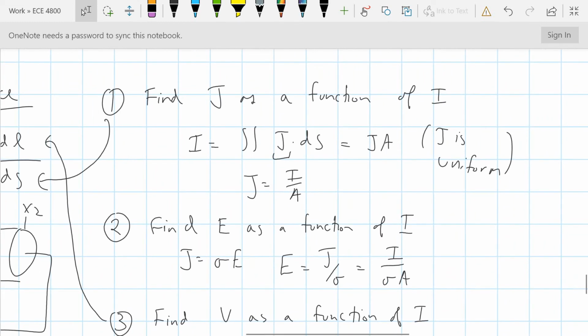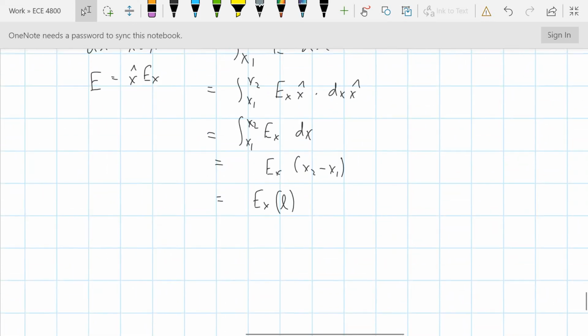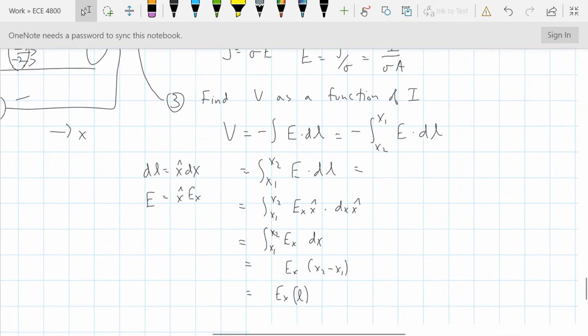So in this case, I is equal to J times A. Similarly, in this line integral, if the electric field is the same everywhere along that line, then it becomes the field times the length. All right, remember that, it'll save you time.